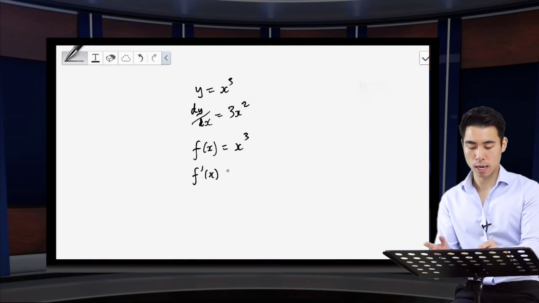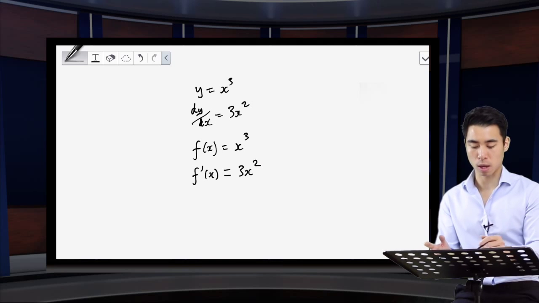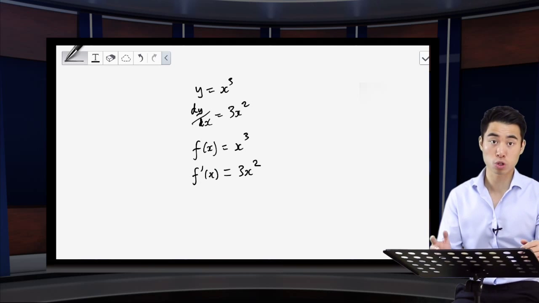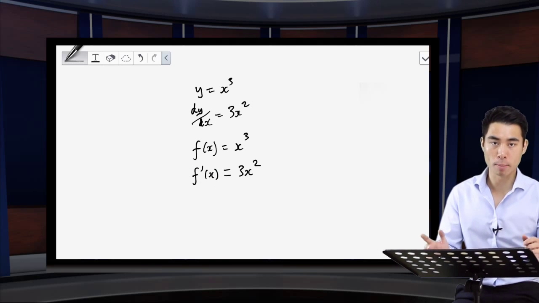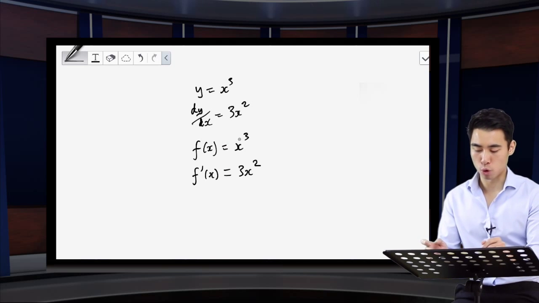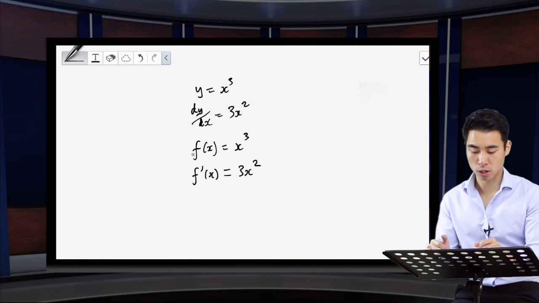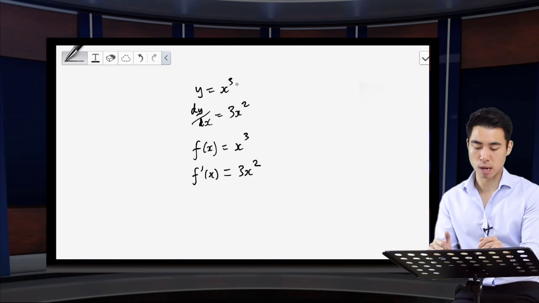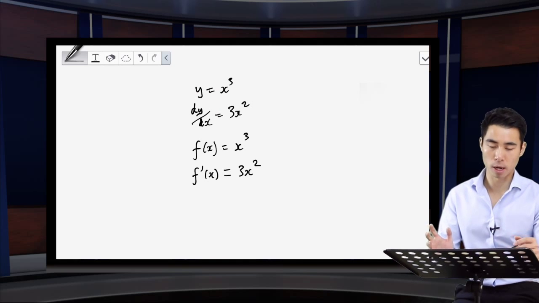So that's like a little apostrophe there, f dash of x equal to, and then your working is going to be exactly the same. This piece of notation is called f dash of x. It's also known as f prime of x. Essentially it's exactly the same. It's just if you're presented with your function using this function notation here, then you need to use f dash of x, whereas if your original function is presented like this, where you have y on the left hand side, then you're going to use dy by dx instead.